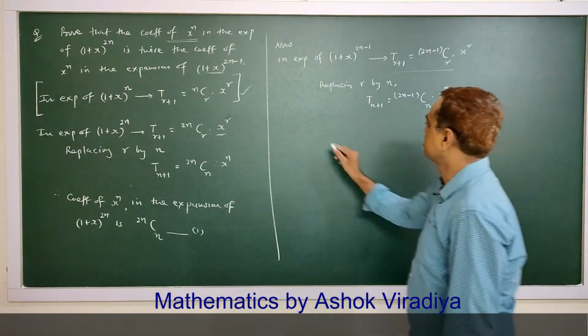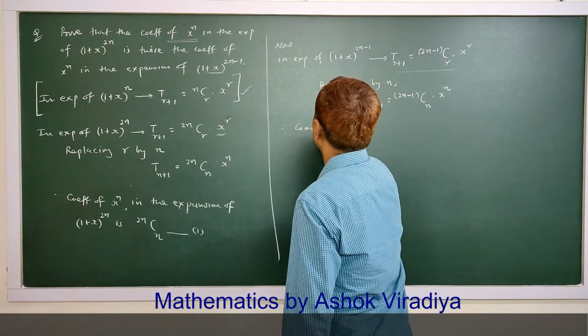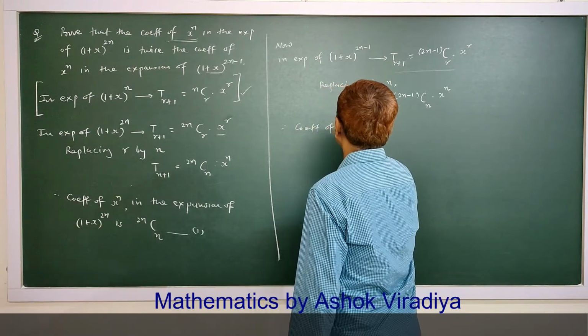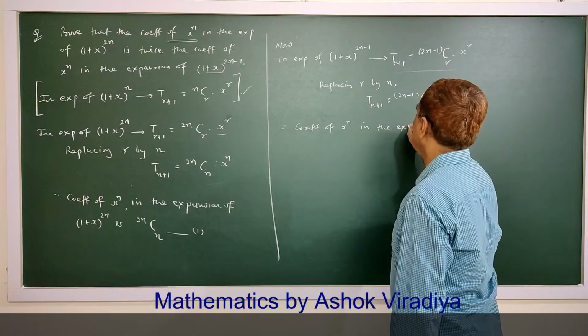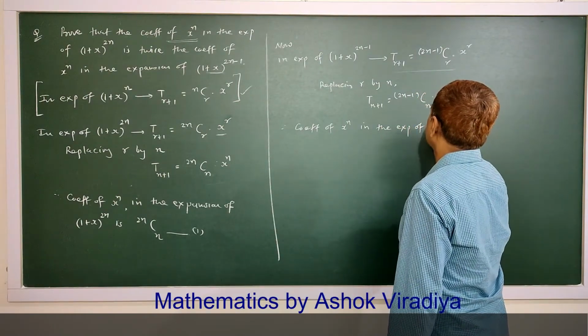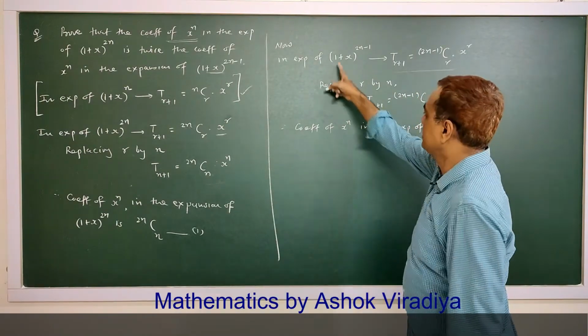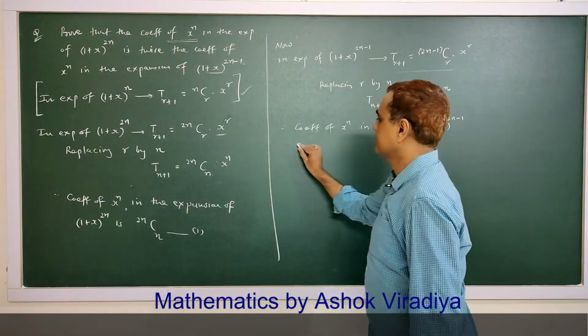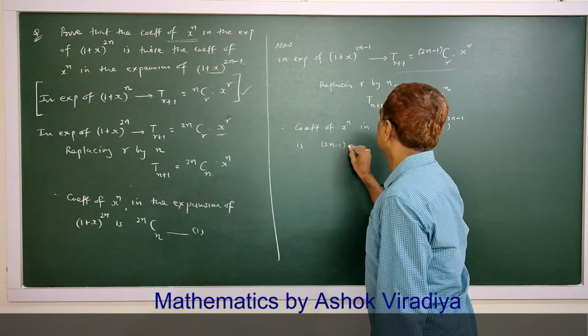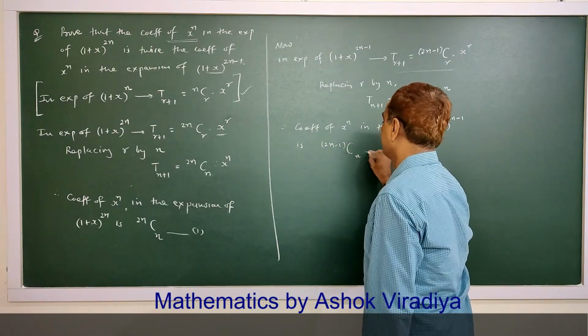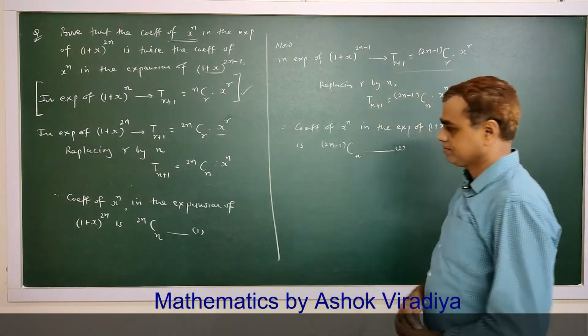So that means, therefore, the coefficient of x raised to n in the expansion of (1 plus x) raised to 2n minus 1 is 2n minus 1 cn.